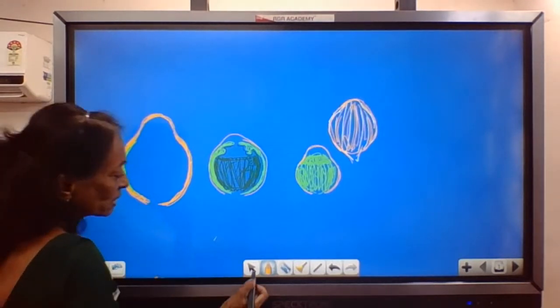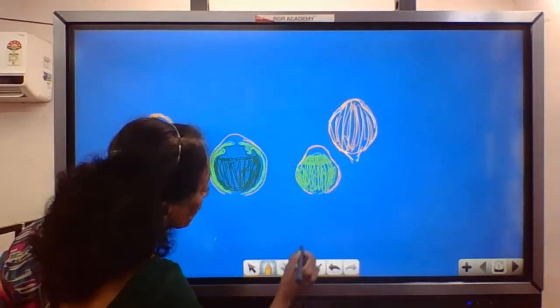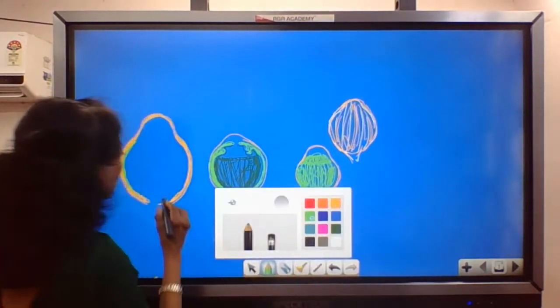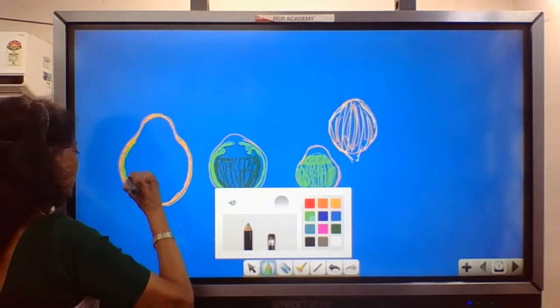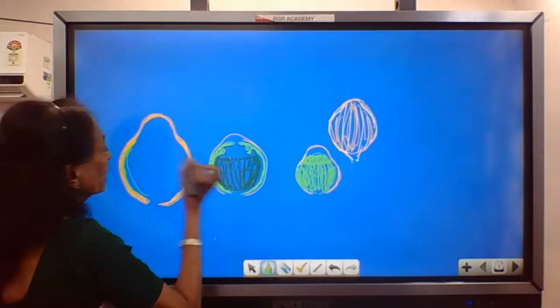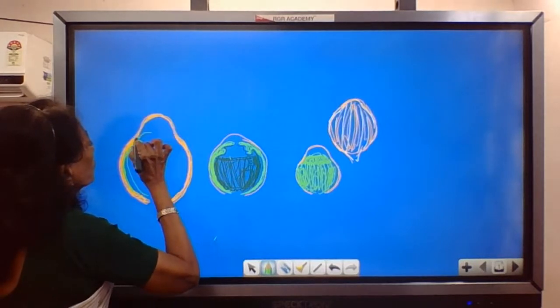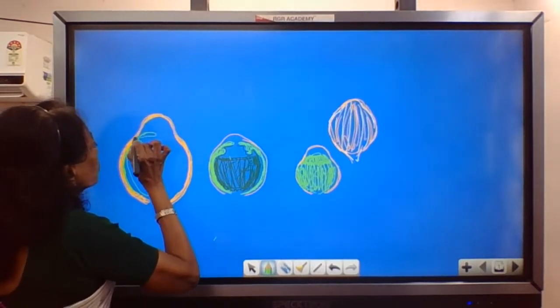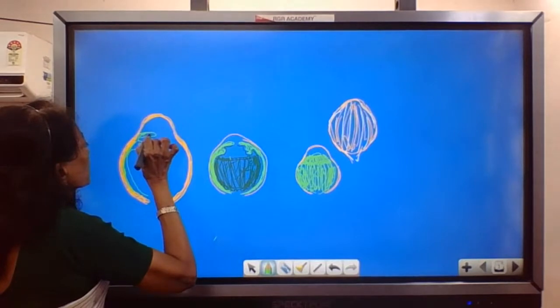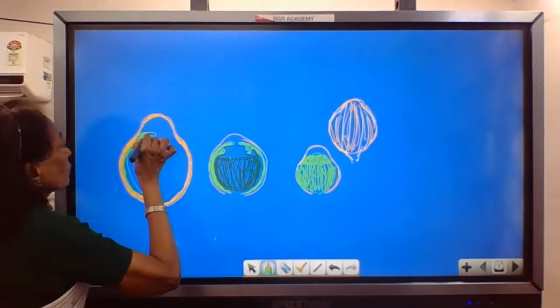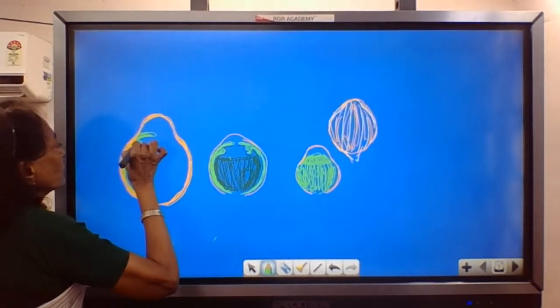Alright. Now the second one. What you have to do? I am taking the second one and it is uneven. Here it becomes uneven. Then it forms a loop. It hangs down as a loop. It ends like a loop. It's attached this way. Okay, this is the second layer.